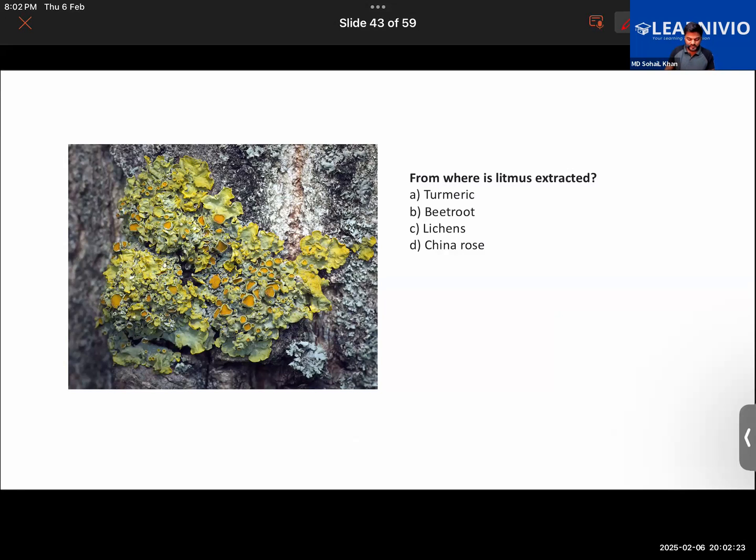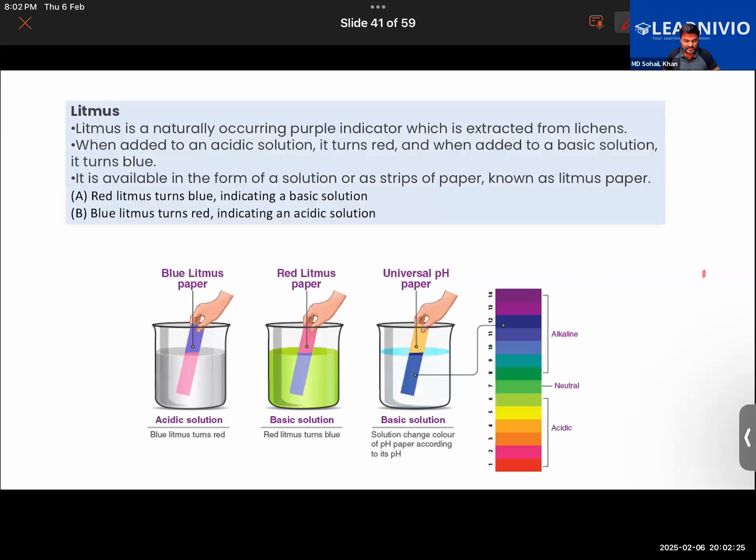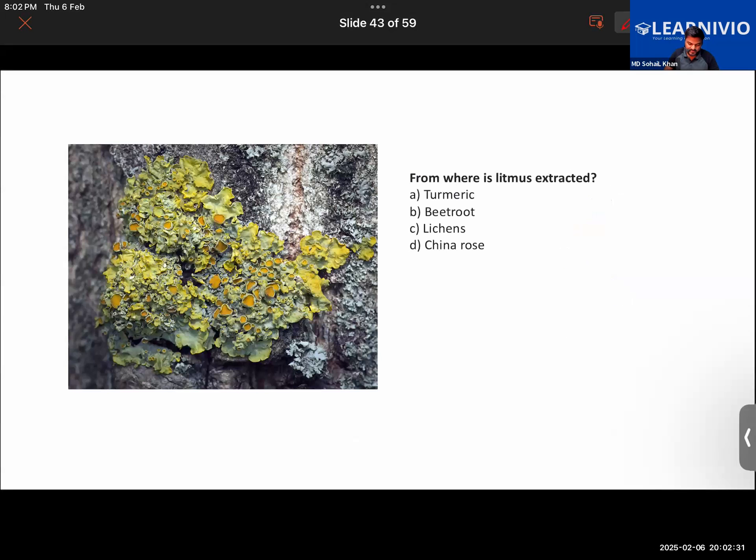Talking about the litmus paper, it's a naturally occurring purple colored indicator which is extracted from the lichen. What is lichen? It's a symbiotic relationship between fungi and alga, where both of them benefit one another.